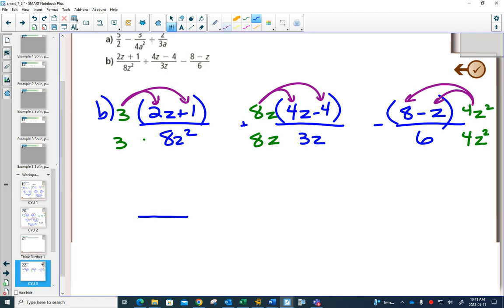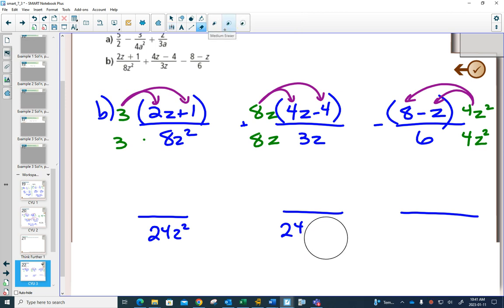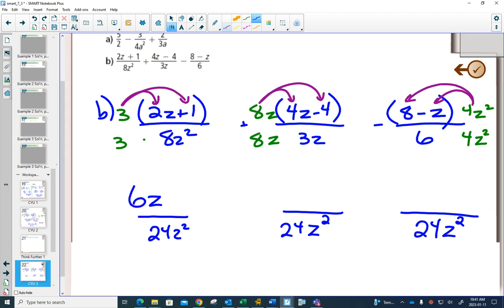So I'm going to rewrite it now with my common denominators. I have 24z squared, 24z squared, and 24z squared. The first one on top will be 6z plus 3, plus sign in between.